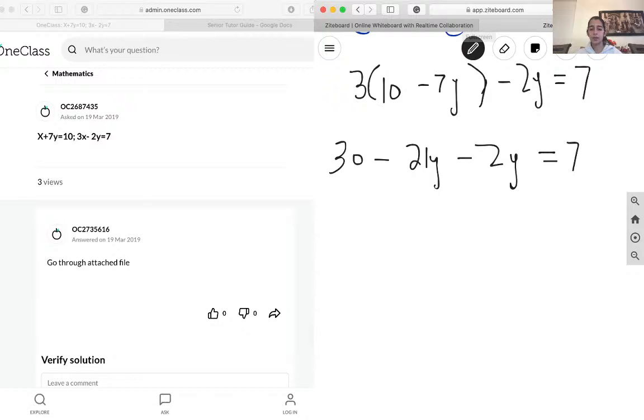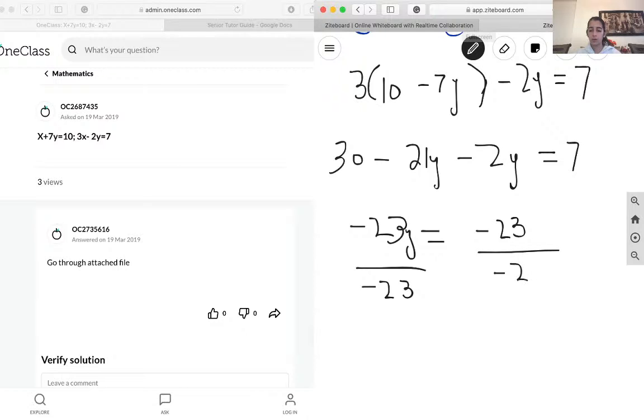So we take the 30 to the other side and add the two y's, so negative 23y is equal to, when we subtract 30 from each side, this cancels out, and it's 7 minus 30, which equals negative 23. We divide each side by negative 23 to isolate for y, and we get y is equal to 1.